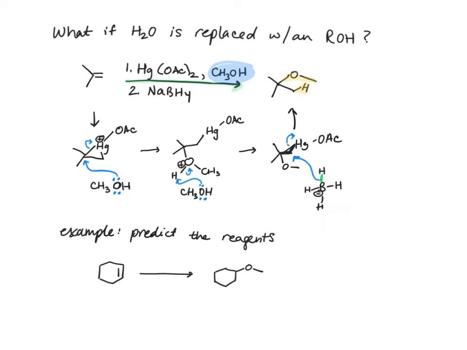Let's take a look at an example and predict the reagents that would need to accomplish the following transformation. Here we've got an alkene and the product is an ether, and what might help us is if we draw the other proton that was included as part of the addition across that pi bond. We want to add methanol across that pi bond.